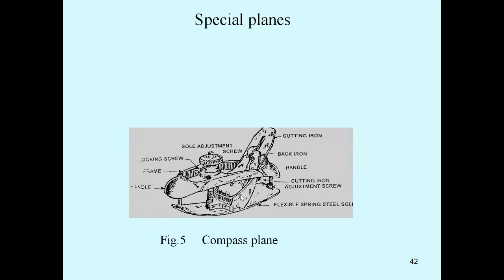Next, you can see a compass plane. This comes under a special type of planes. You can see the different parts here. This will be the handle, the frame of the plane, the locking screw, and a cutting iron, that is the blade. Then the back iron, and the cutting iron adjustment screw to adjust the cutting iron.